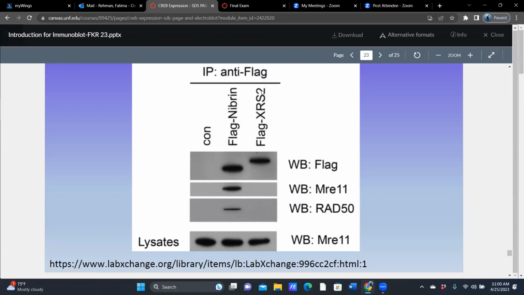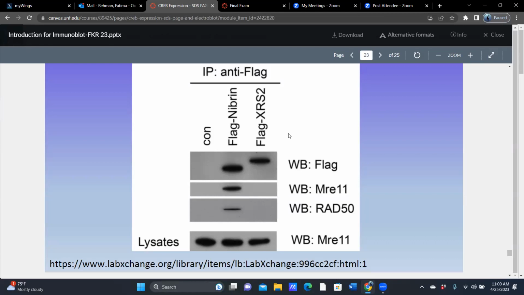So actually they used a flag tag because they probably didn't have antibodies against nibrin or XRS2. If you don't have an antibody against a particular protein, you can tag them with a flag, which is some random sequence, and then use an anti-flag antibody against them.